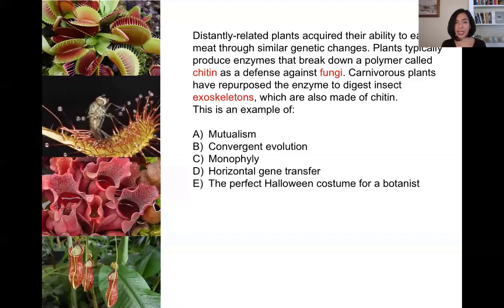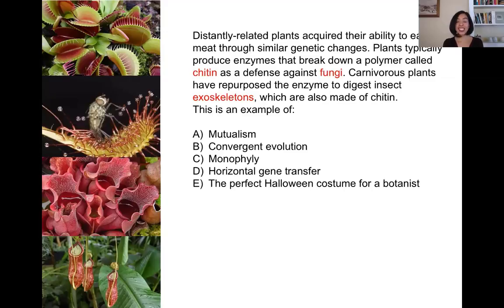Carnivorous plants have repurposed the enzyme to digest insect exoskeletons, which are also made of chitin. This is an example of A, mutualism, B, convergent evolution, C, monophyly, D, horizontal gene transfer, E, the perfect Halloween costume for a botanist.